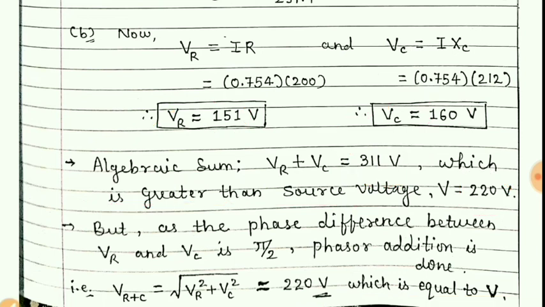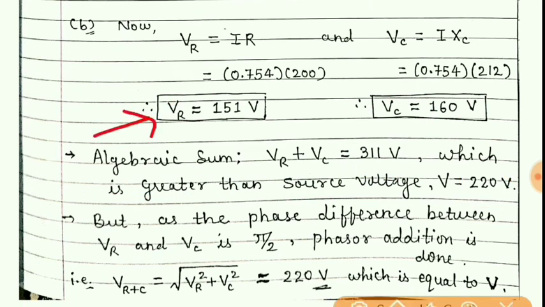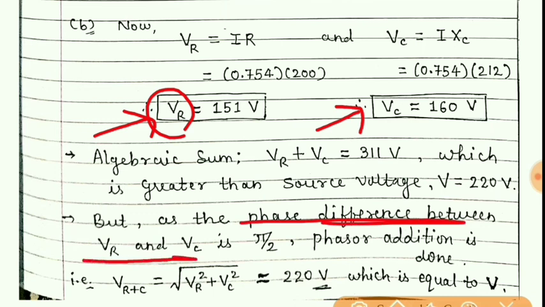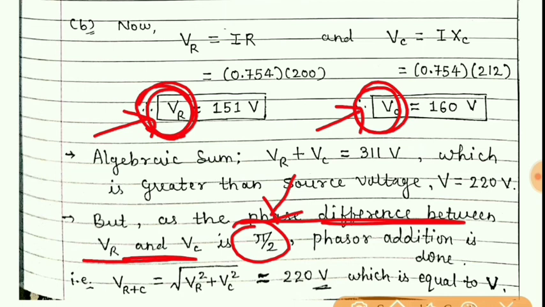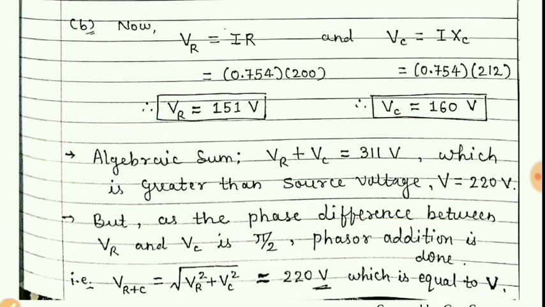It is because voltage across resistor and voltage across capacitor have some phase difference, and we have studied earlier that the phase difference between VR and VC is pi by 2. So actually we have to add them in the form of phasors having phase difference pi by 2.